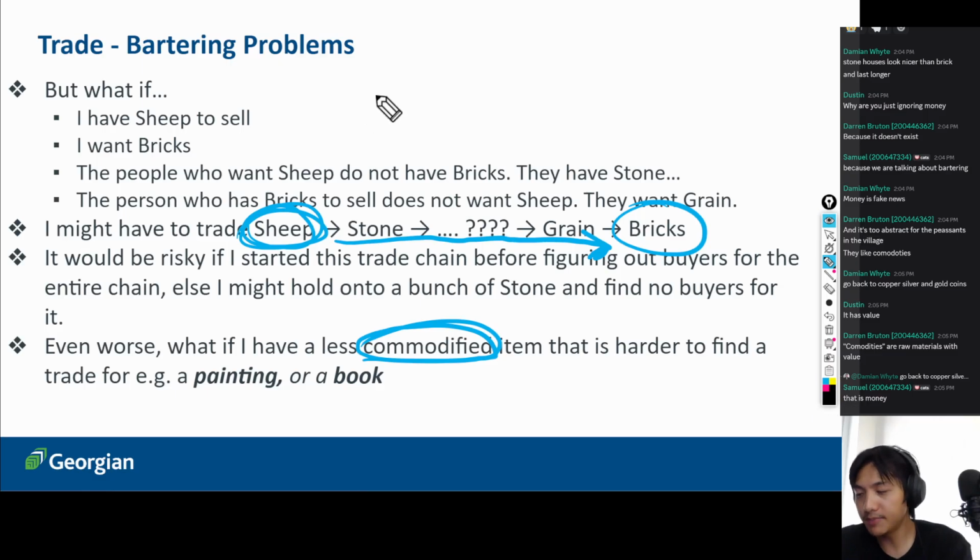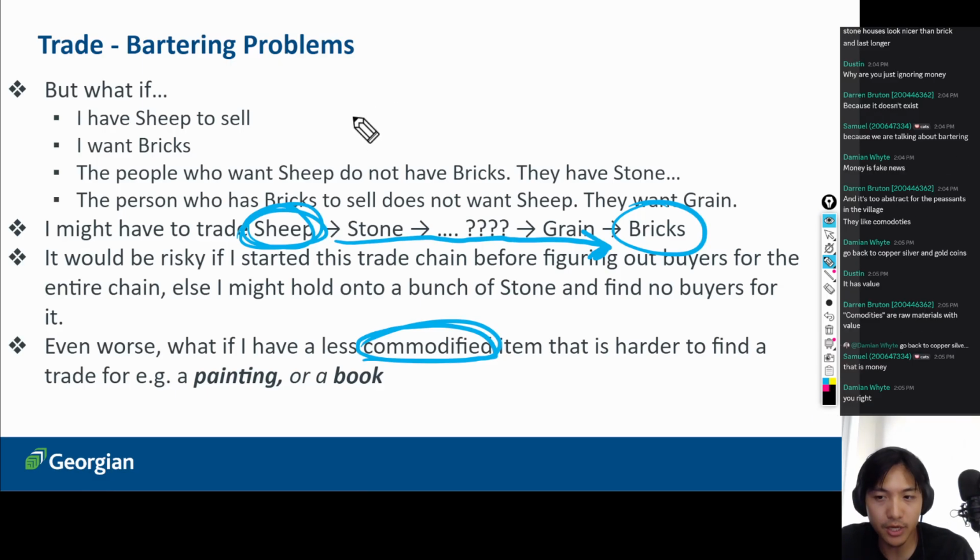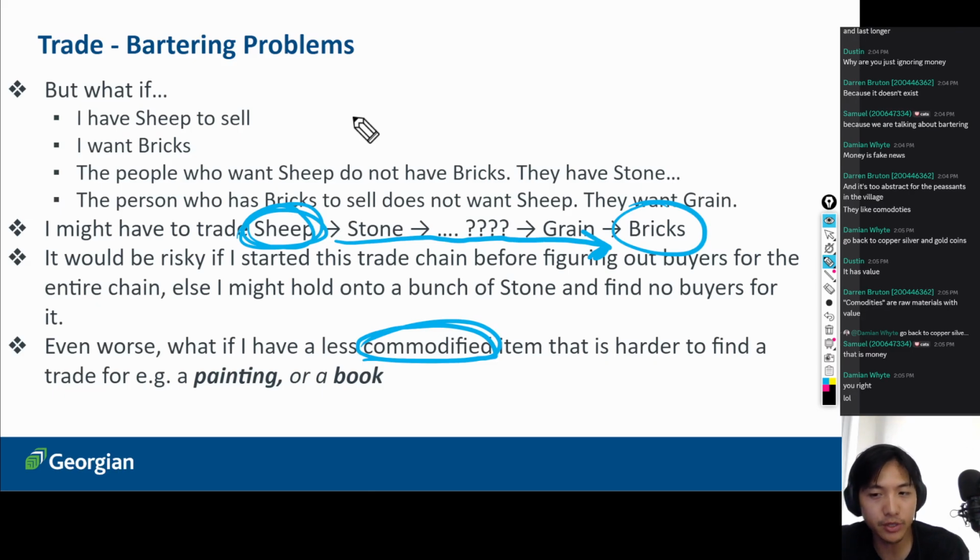A sack of potatoes can be a commodity because one sack of potatoes is roughly equivalent to another, and most people view sacks of potatoes as relatively equivalent. One bag of grain is roughly equivalent to another bag of grain. There might be slightly different levels of quality, but they're mostly consistent. One sheep is mostly consistent with another sheep. Maybe this sheep is prettier than that other sheep, but they're both sheep, okay?